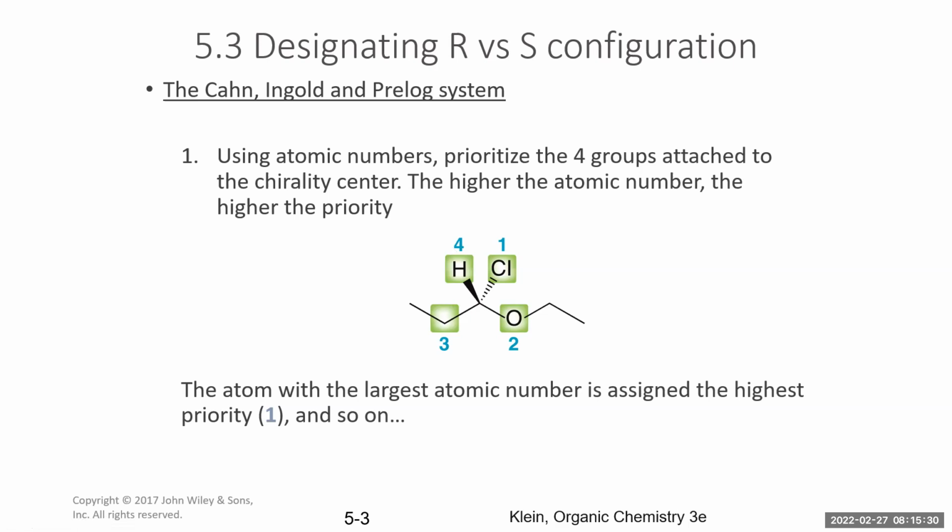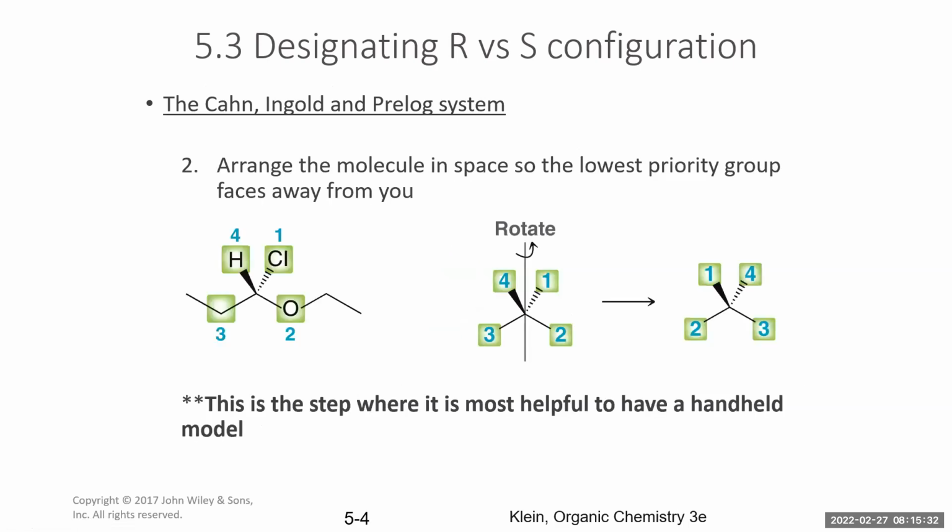So that was step 1. Step 2 was to arrange the molecule in space so that the lowest priority group faces away from us. And by away from us, we mean that we want the lowest priority group, which is group number 4, to be on the dash. On the dash is away from us because it's behind the plane of the page.